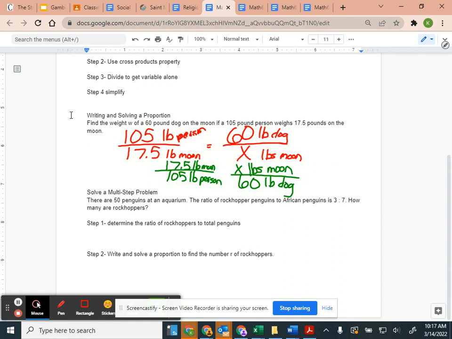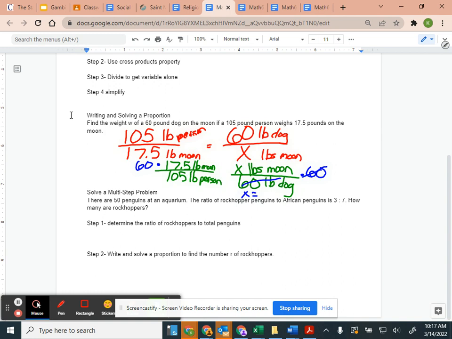Now I'm going to do the two-step problem that I've been doing. I want to get X by itself. So if I'm dividing by 60, I want to multiply by 60. So those cross off and we get X by itself. What is 60 times 17.5?